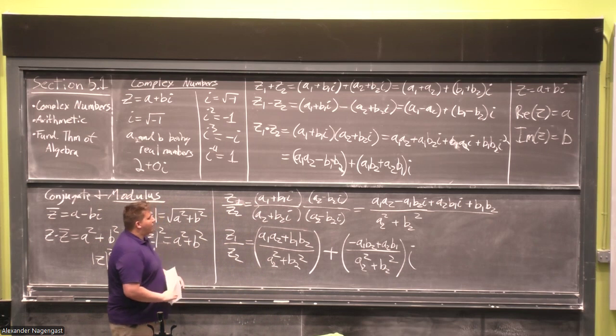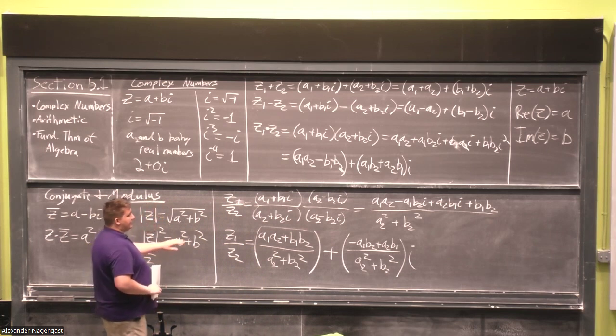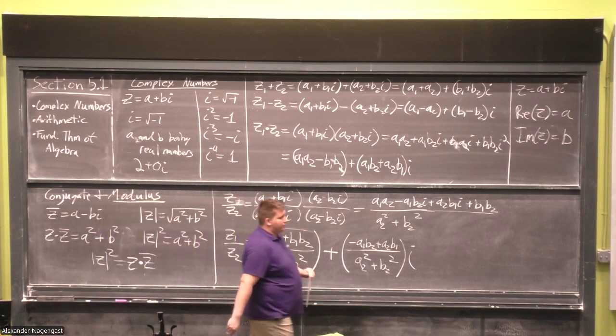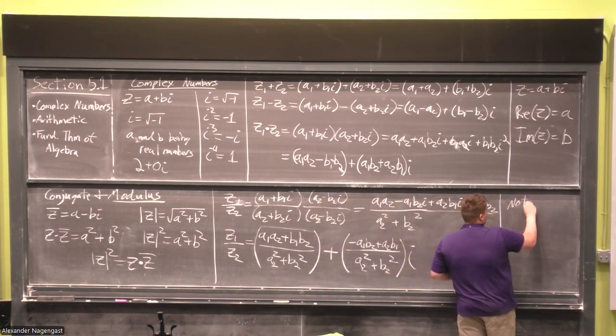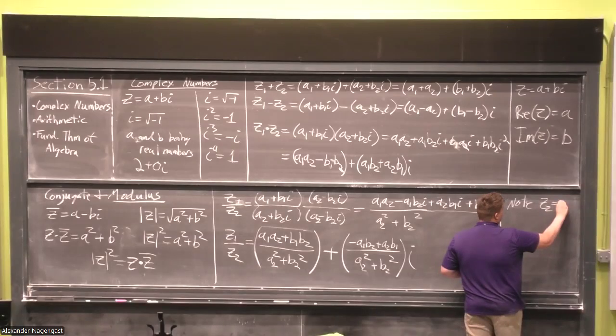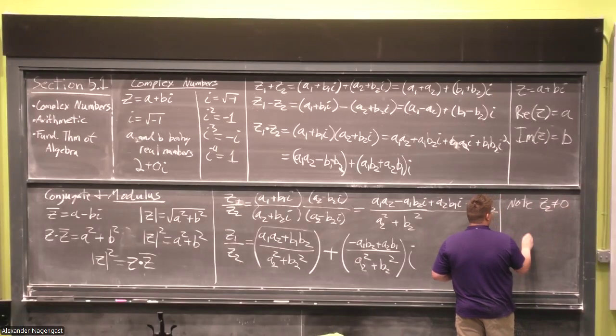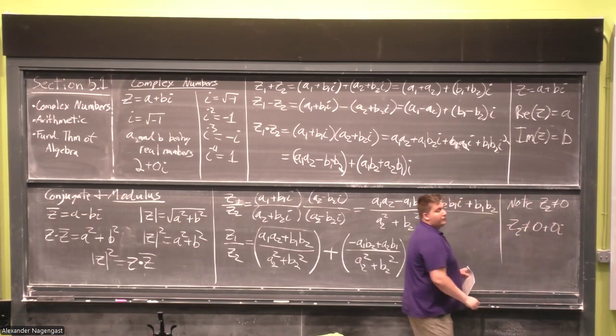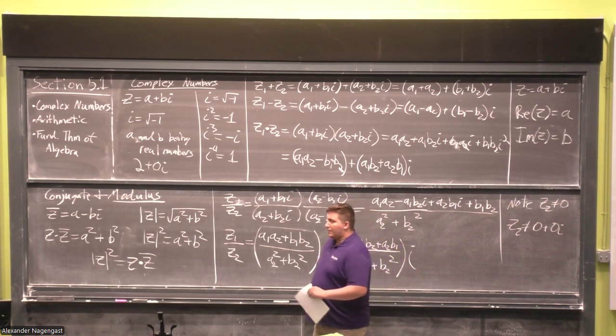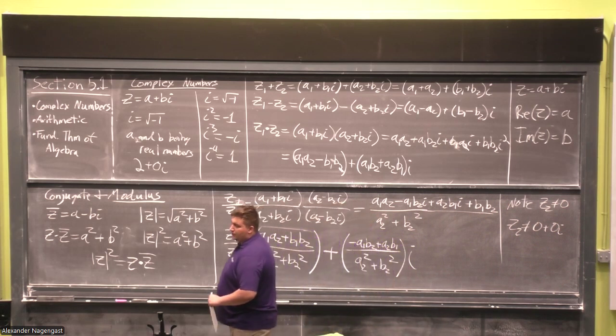The one thing to note with the division is that z2 cannot equal 0. So let me write that here. Note that z2 cannot equal 0. And what I mean by that is that z2 cannot equal 0 plus 0i. If it's 2i, if it's 2, that's okay.